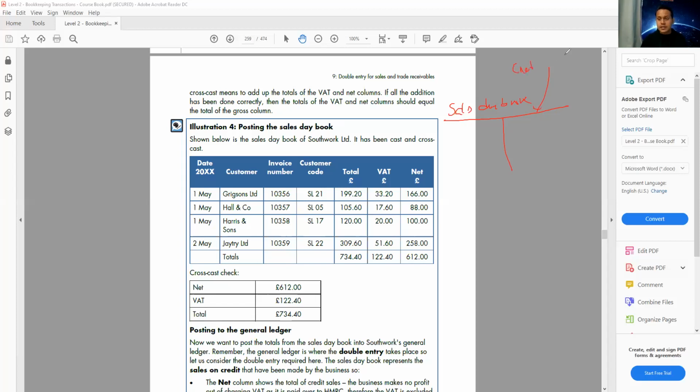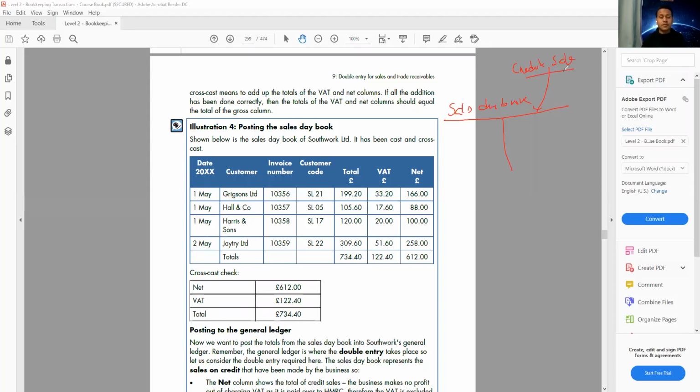Inside the sales daybook, I do not record any cash sale. If there is a cash sale, I record it in the cash book. Only the credit sale goes to the sales daybook.